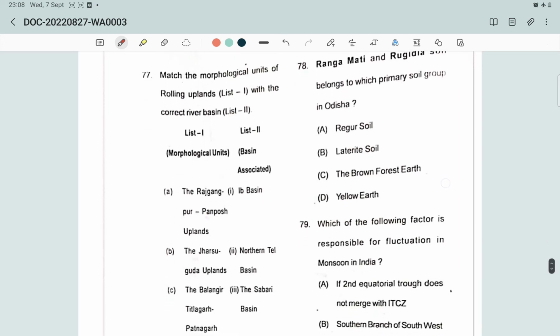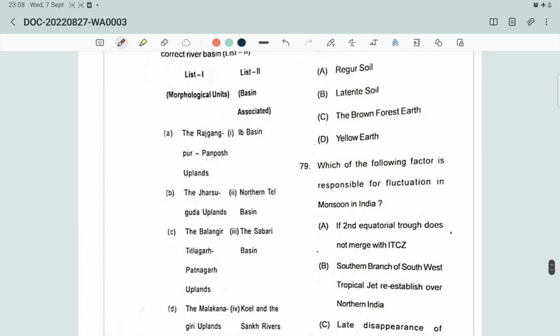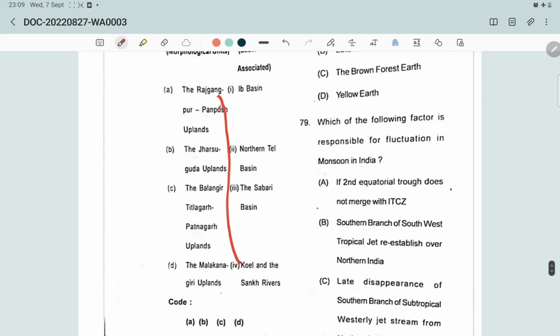Next, question number 77. Match the morphological units of rolling uplands, which is in list 1, with the correct river basin, which is in list 2. The rolling uplands of western Odisha are divided into different groups. The first group, the Rajgangpur Panposh uplands, is associated with the Koel and the Sankh rivers.